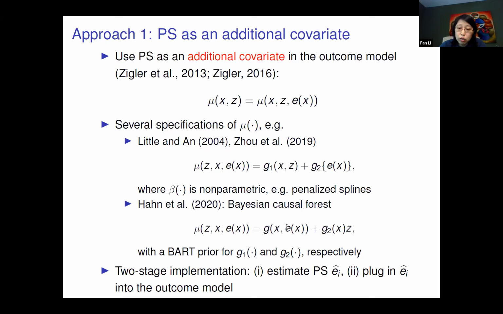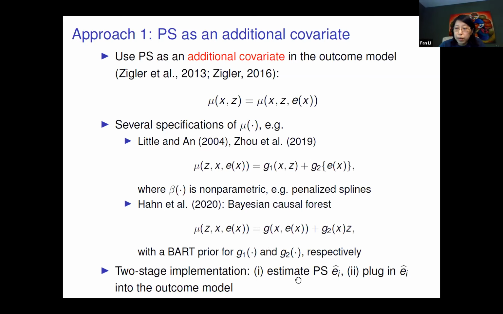Here they showed empirically that adding the propensity score in the baseline model is very, very helpful, vastly improved over having g(x) alone. So this is their approach. Again, there are many different ways, different reparameterizations, but the idea is to add the propensity score as an additional covariate. And how do you implement that? Usually it's done in two stages.